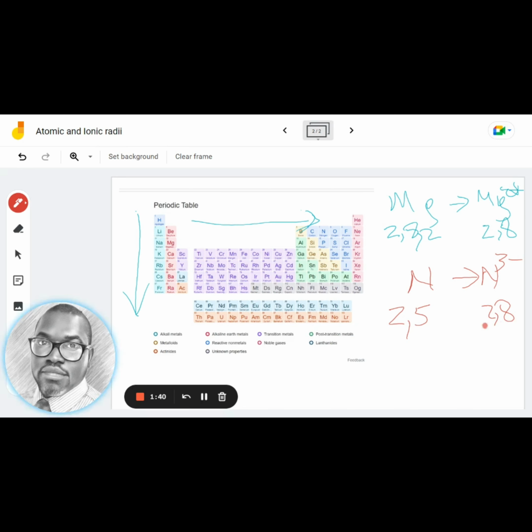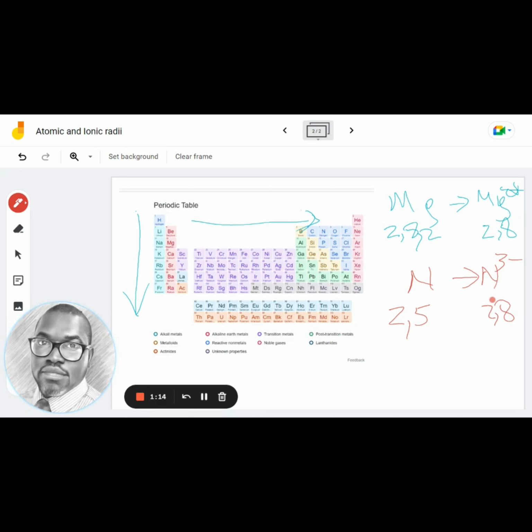And this is for ionic species, negatively charged species. So generally speaking, the anion is larger in terms of radius than the neutral atom, in this case nitrogen. So the nitride ion would be larger in terms of radius than the nitrogen atom. And this is for anionic species.